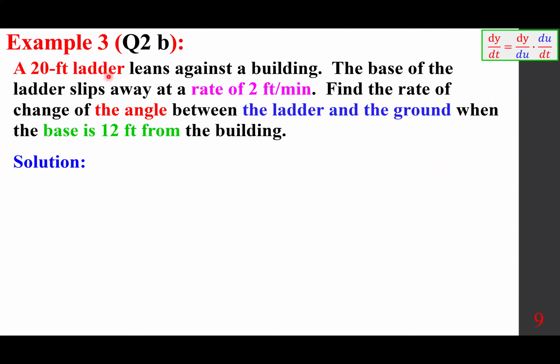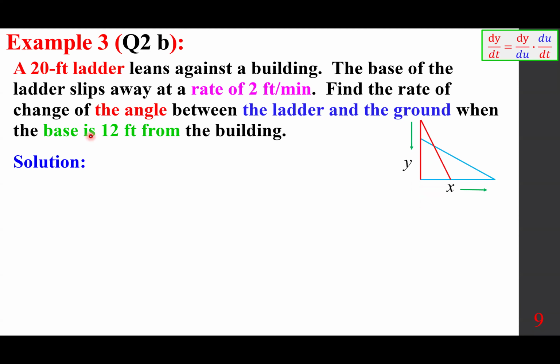So here's the next question, in essence, part B. Same question: a 20-foot ladder leans against the building. The base of the ladder slips away at a rate of 2 feet per minute. Find the rate of change of the angle between the ladder and the ground when the base is 12 feet from the building. So the same thing here, moving this way, creating this shape.